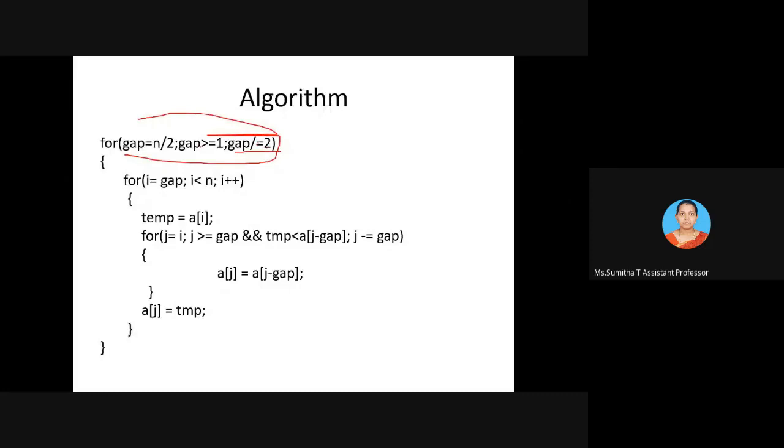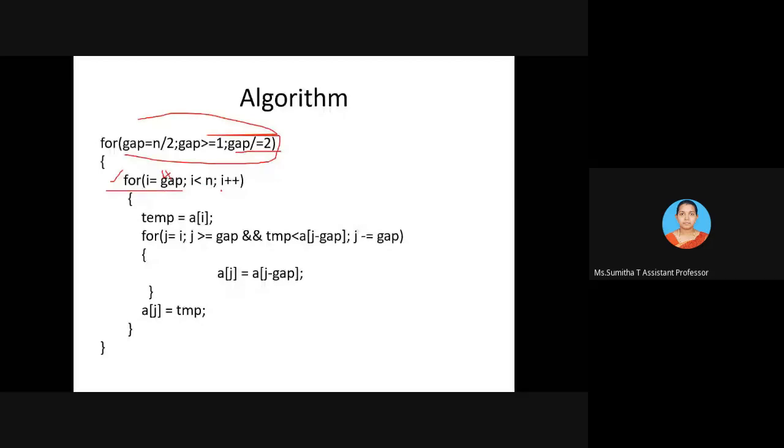Okay, and in that inner for loop, we start with i equal to gap, where the gap for the first one is 4, right? We start with it, i less than n, i plus plus, and temp equal to a of i.